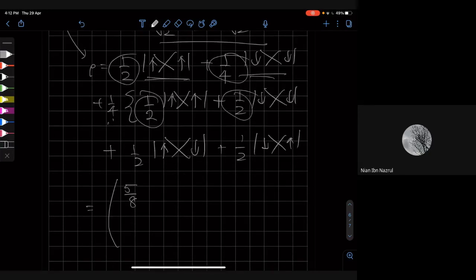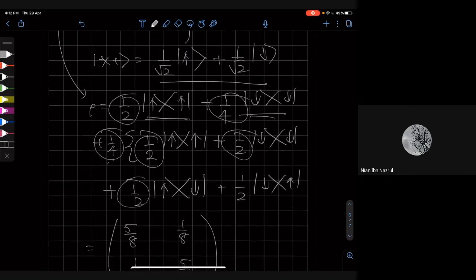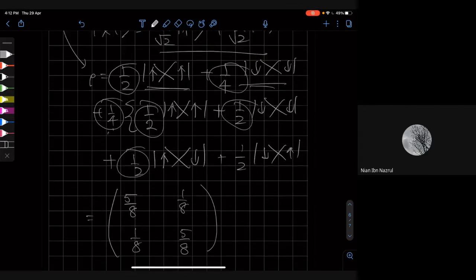So this will be also 5/8, right? And then you're going to have 1/4 times half is 1/8. Then you'll have 1/8 here, and then you'll have 1/8. So this is our density matrix, right?